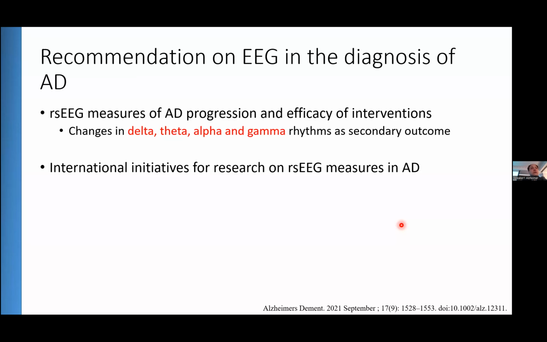But the changes in neurophysiological brain rhythms we can see, because with the progression of the dementia, the brain waves are getting more and more slow. So we are getting more delta and theta rhythm.